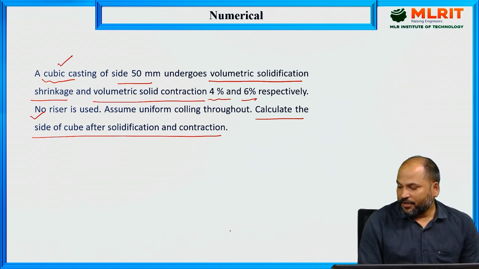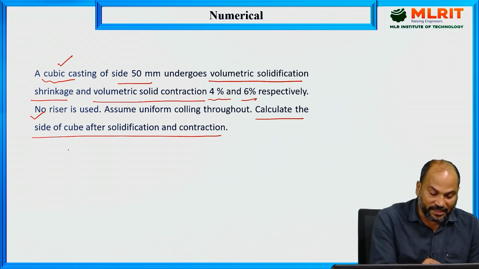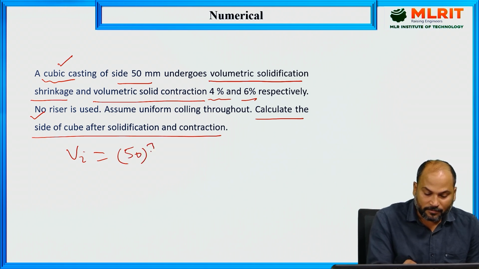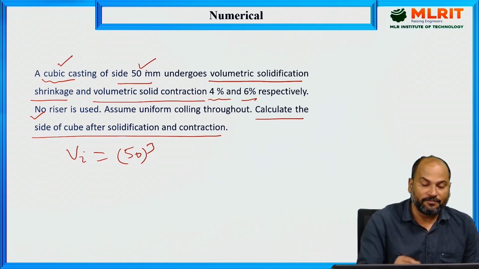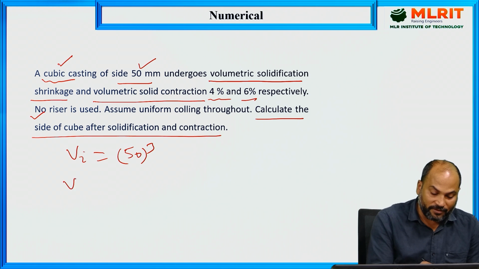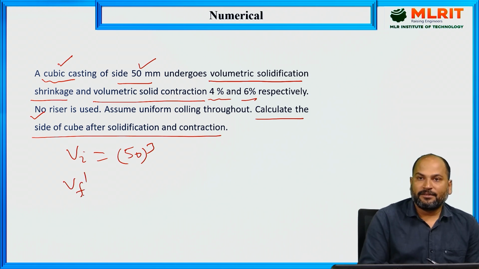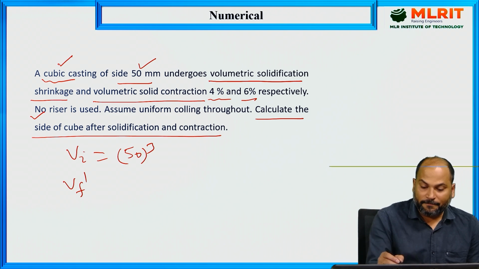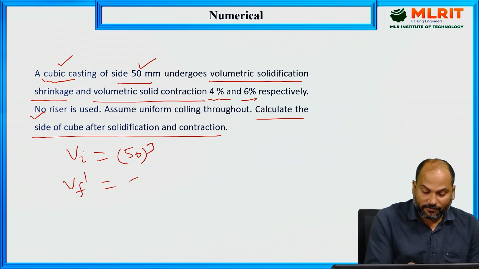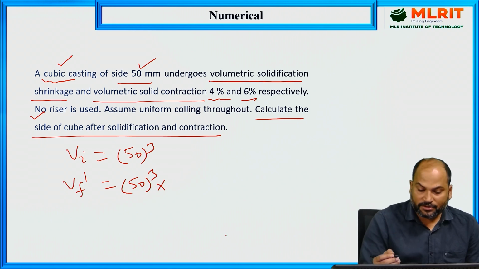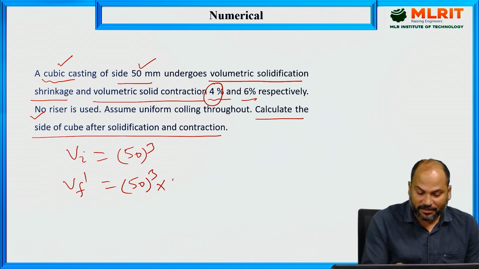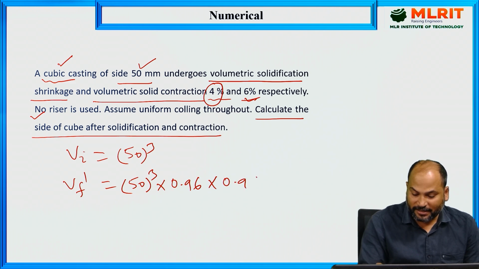Volume will simply be the cube of the side. The initial volume, Vi, is the cube of the side length, which is 50 mm, so it will be 50 cubed. But the final volume after solidification and shrinkage will be reduced. 4% means 0.96, and the second one, 6%, means 0.94.